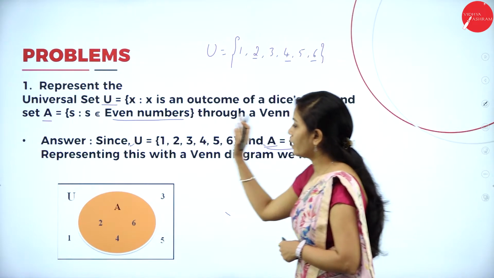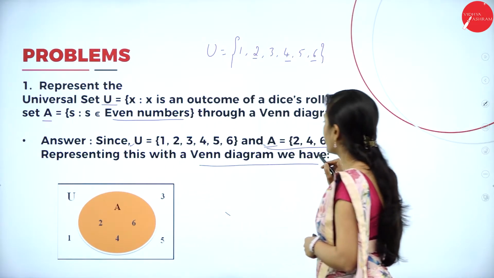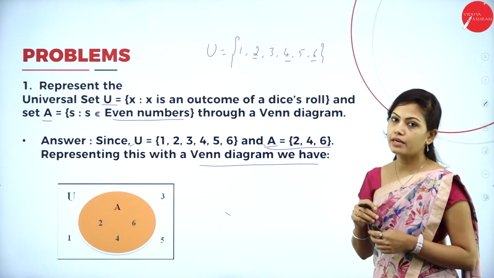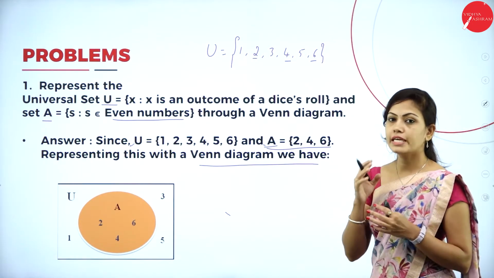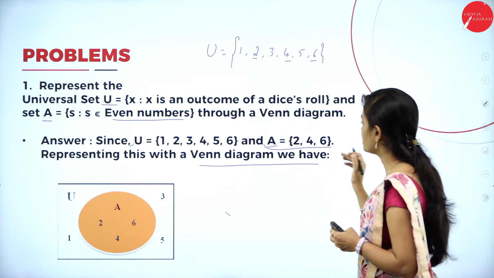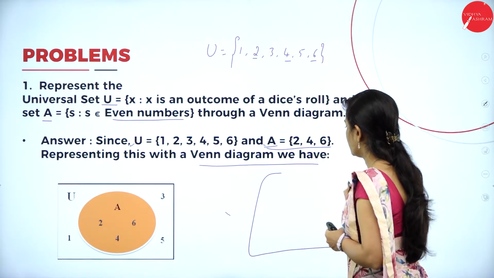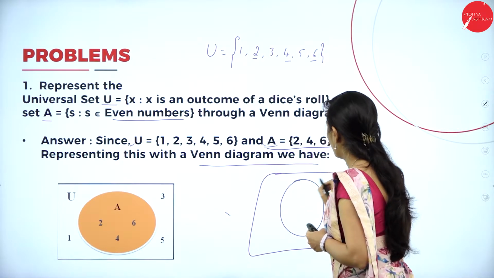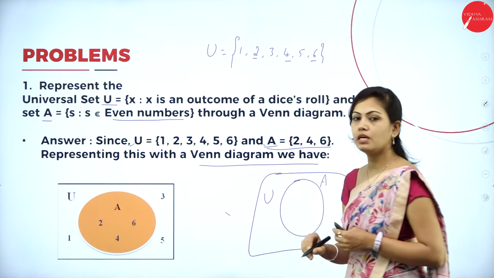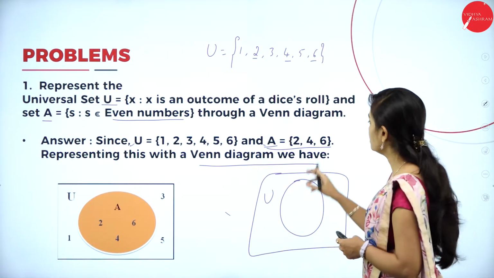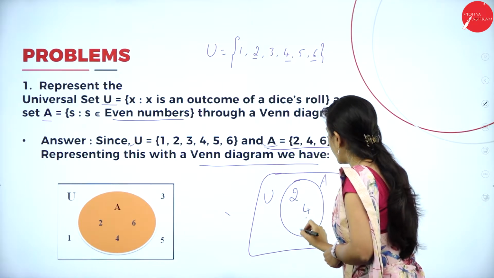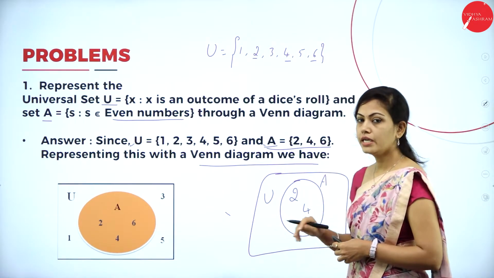So here we have to draw the Venn diagram for the given sets. How to draw the Venn diagram for set U and set A? So first write the set element A, that is 2, 4 and 6, and this is inside the universal set.